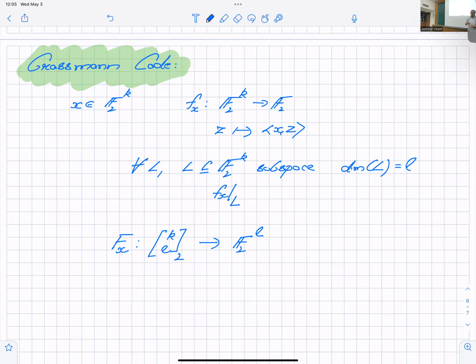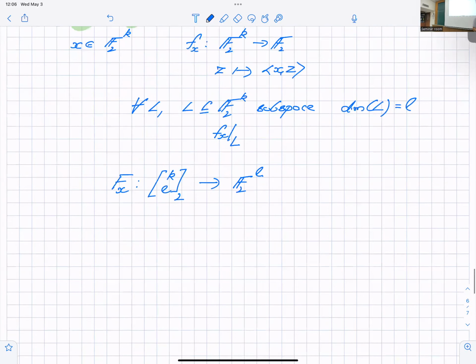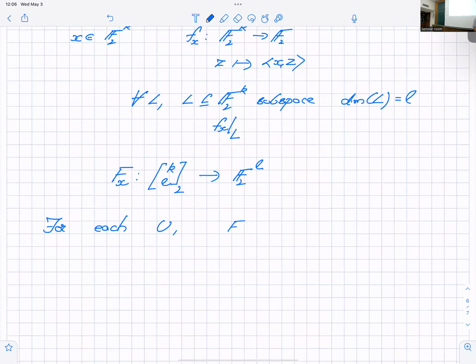Now we need to test that this object is an encoding. So we are going to be given, for each u, an f_u going from the L-dimensional subspaces in u to F_2, and similarly for each v, we're going to be given f_v.